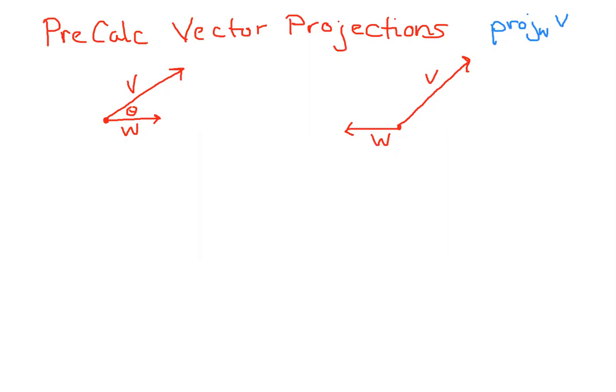All right, so here's two examples. You have two pictures there. Figure 1 shows the projection of v onto w when theta is acute. The angle between v and w is acute right here. So we're going to take W1 and W2 so that W2 is perpendicular to W. So here's W. So there's W2, that's perpendicular.